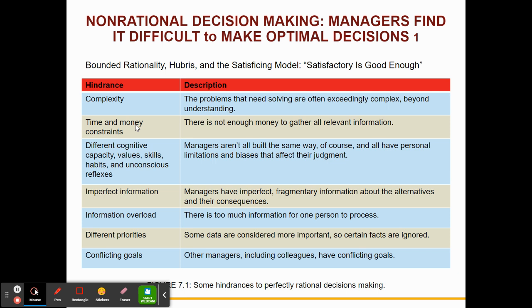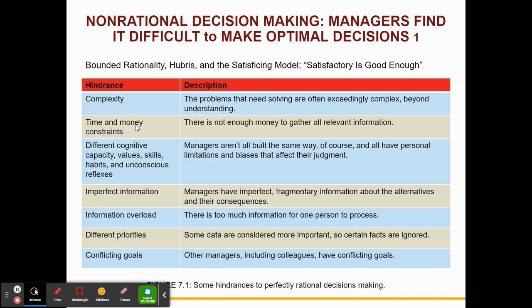And then different priorities. So some data considered more important, certain facts are ignored. So that's that idea of what is important to one manager may not be important to another manager. And then that leads into our last one there with conflicting goals. Other managers, including colleagues, have conflicting goals. And a lot of times that can fall back on the idea that the data that they look at, somebody considers it to be more important than another colleague, right?